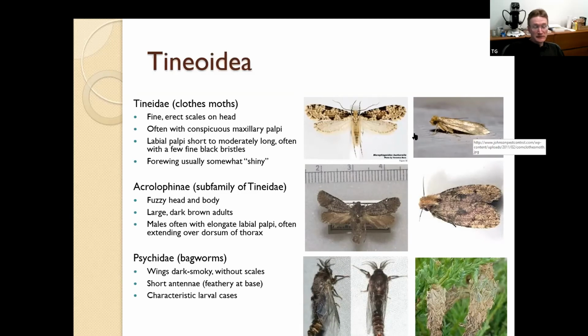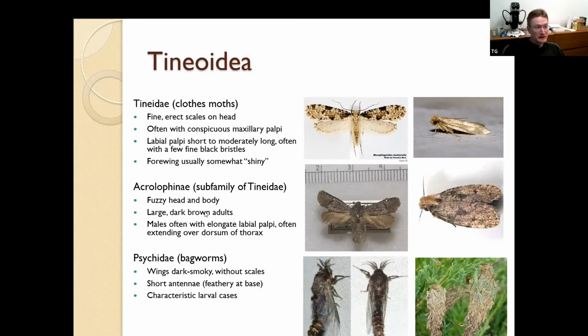And if you've ever heard of moths eating clothes, eating sweaters or something like that, and people refer to clothes moths, those are generally in this family of Tineidae. A lot of the other species feed on dead skin, or you can even find them in decomposing bodies and things like that.